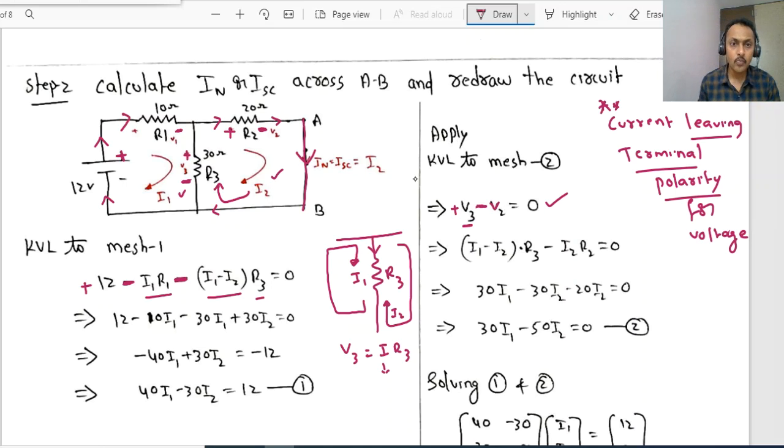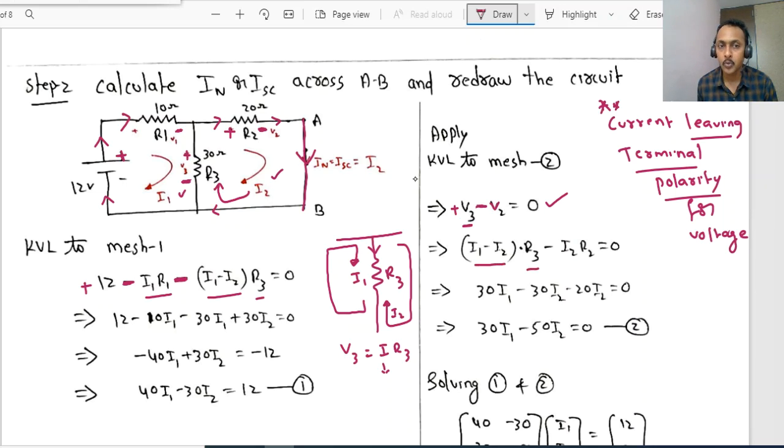Now V3 minus V2 equal to 0. What is V3? V3 is (I1 minus I2) into R3. In the direction of I1 we have taken positive. If positive were at the bottom, we might have taken I2 minus I1. Right? Yeah, (I1 minus I2) into R3.